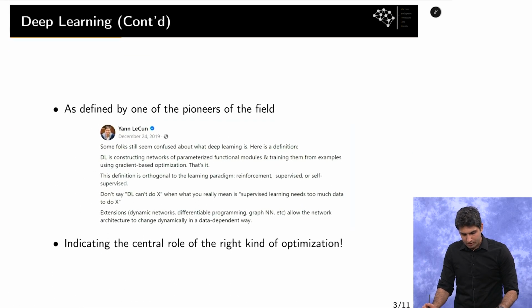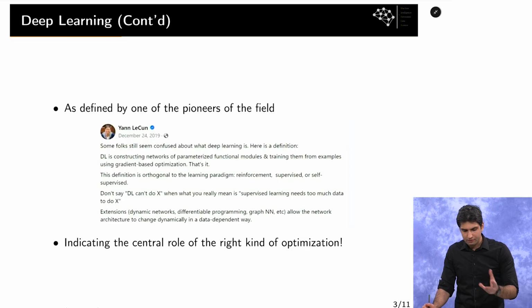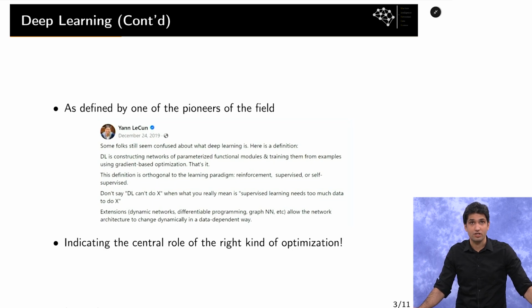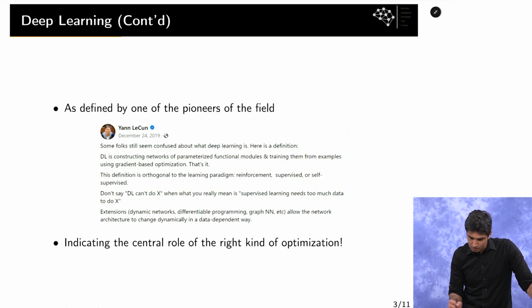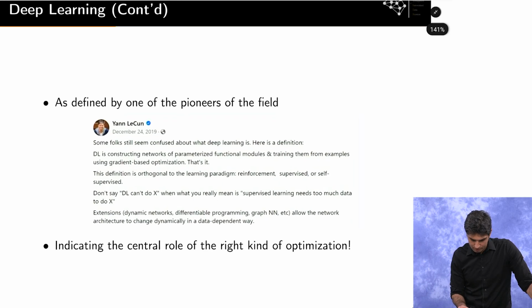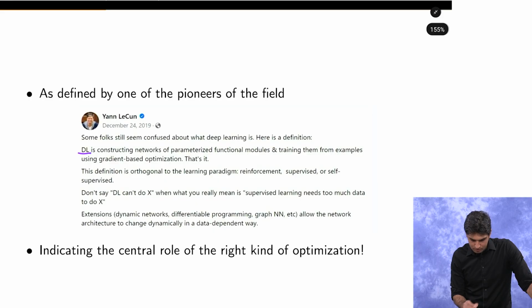Now I'm going to talk about a related but slightly different, more technical definition of deep learning, and as I mentioned, provided by one of the pioneers in the field. Okay, so let's see what this definition says. So deep learning, or DL, is basically constructing networks of over-parameterized modules.